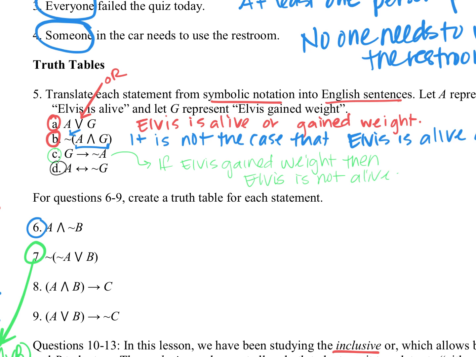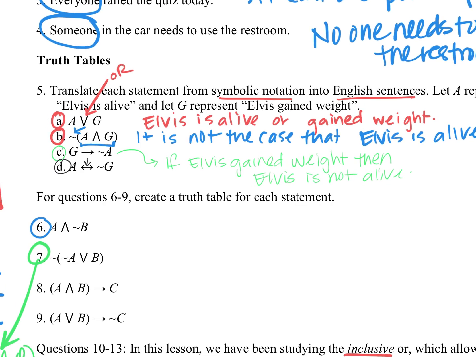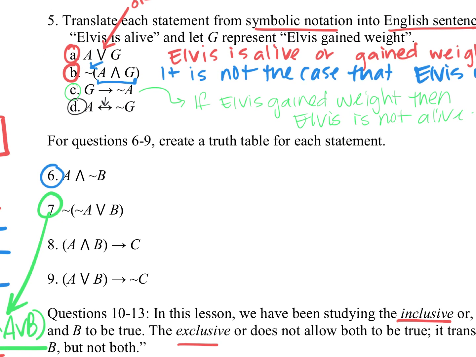And for part D, this one has the arrow in both directions, so that is a biconditional. So what we're saying is that Elvis is alive if and only if he did not gain weight.